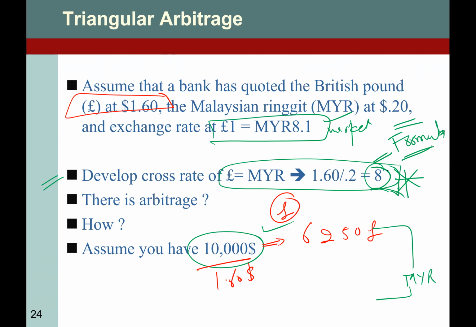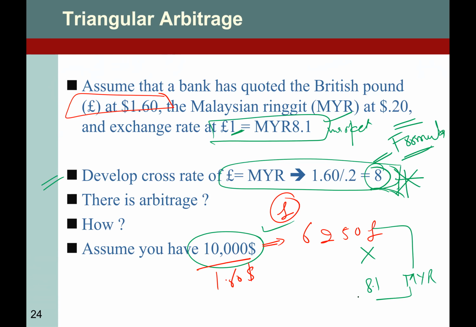So if you have the pounds, can you convert at 8? No. You have this opportunity window here. So you sell your pounds at 8.1 and you get Malaysian ringgit. How much? You multiply 6,250 by 8.1.